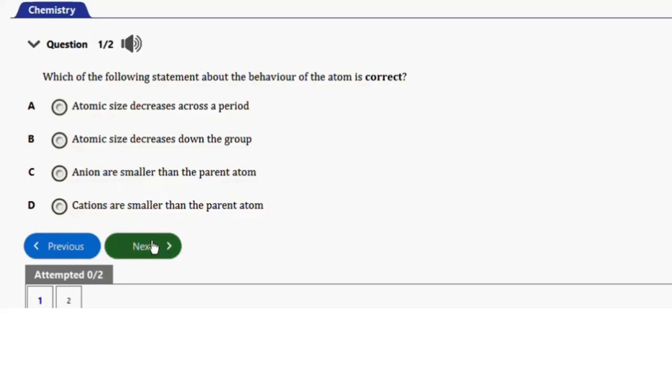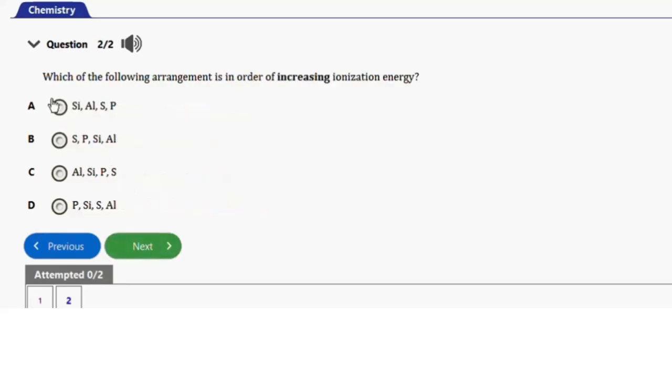The next question says, which of the following arrangements is in order of increasing ionization energy? So we are looking at order of increasing ionization energy. Option A is silicon, aluminium, sulfur, and phosphorus.